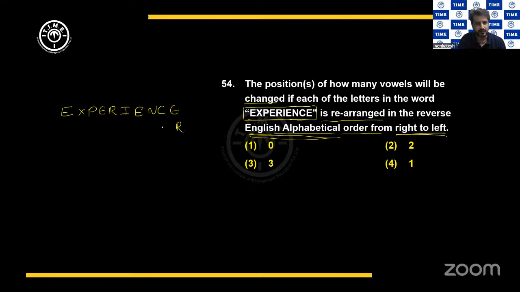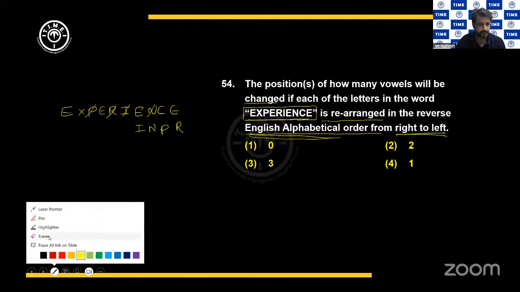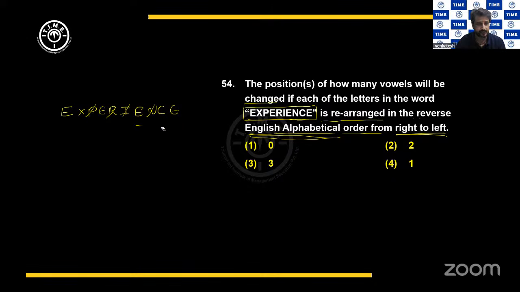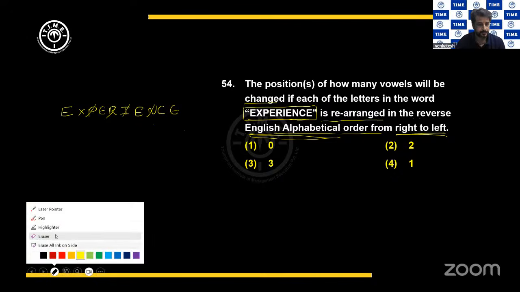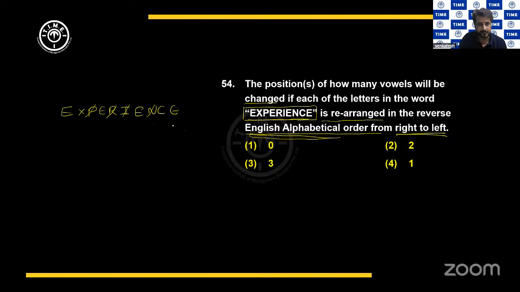Next to come is P. So R is arranged, P is arranged, and the next to come is N. N is over. Next to come is I. I is over. Sorry, X is also there, right? Just a small correction: first X should come, then R, then P, then N, then I. Now after that, E should appear how many times? 4 times.